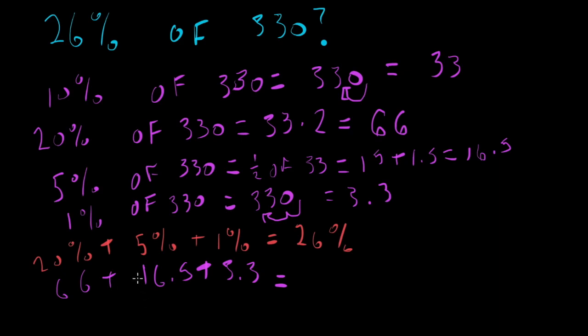Okay, so if we put all of that together, we get 85.8. All right, so 26% of 330 is 85.8. Okay.